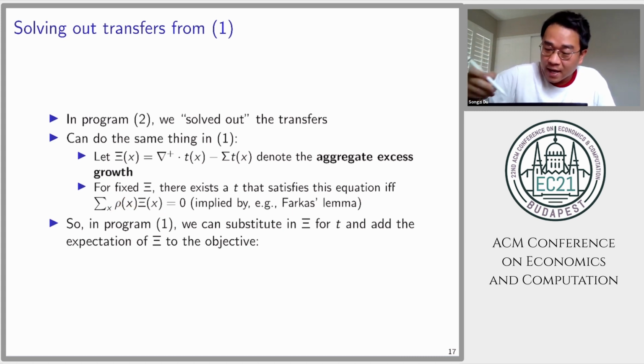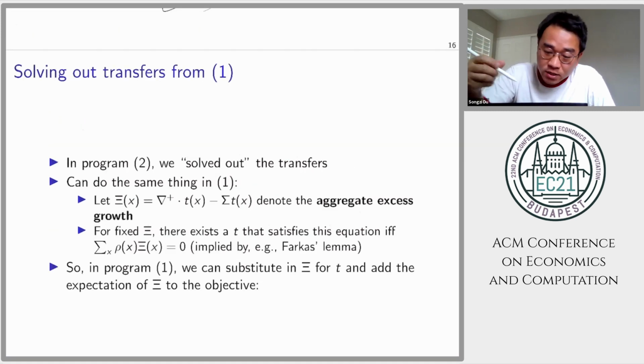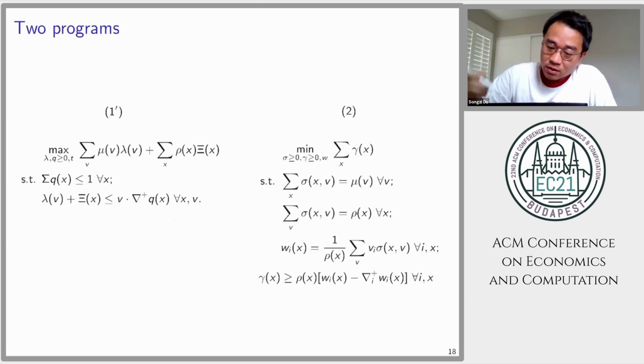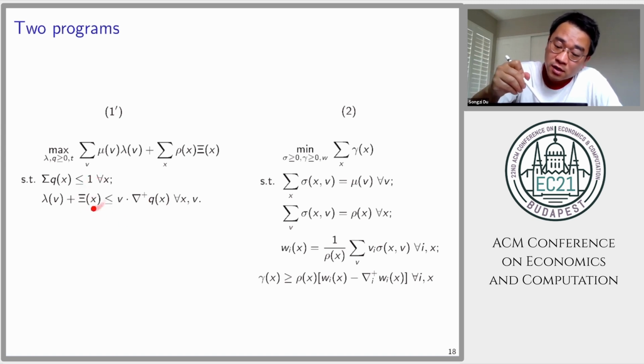Okay, so that is implied by Farkas' lemma. So we can just redefine psi here, and then we would be solving out the transfers, right? So we no longer have transfers, and then we just have psi, which is total excess growth.